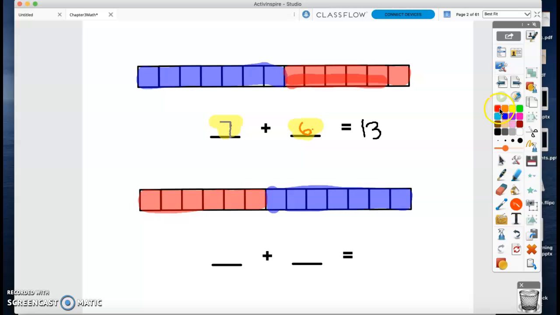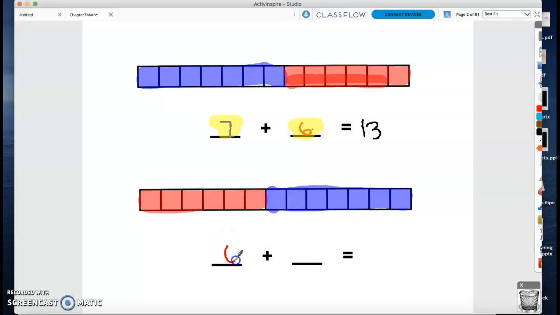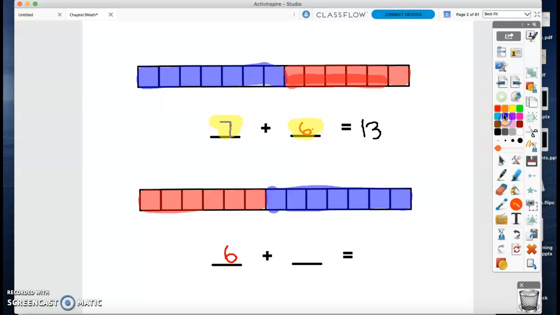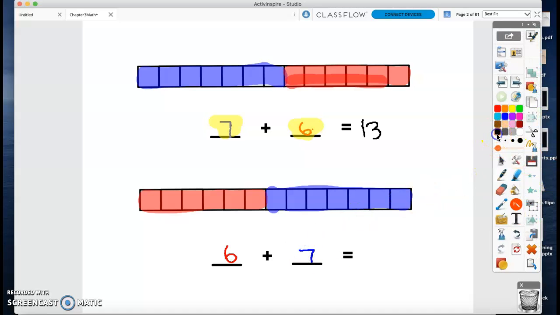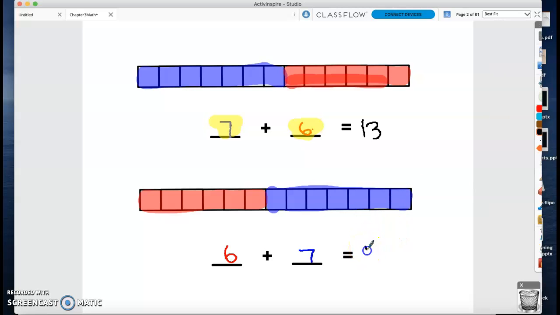So on this one, I started with my 6 red plus my 7 blue. And if you notice, I still have the same amount total. I did not take any away or add any to it, so I would still have 13.